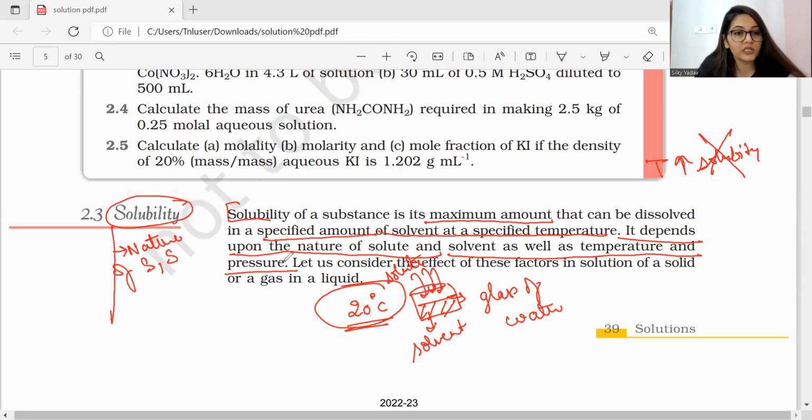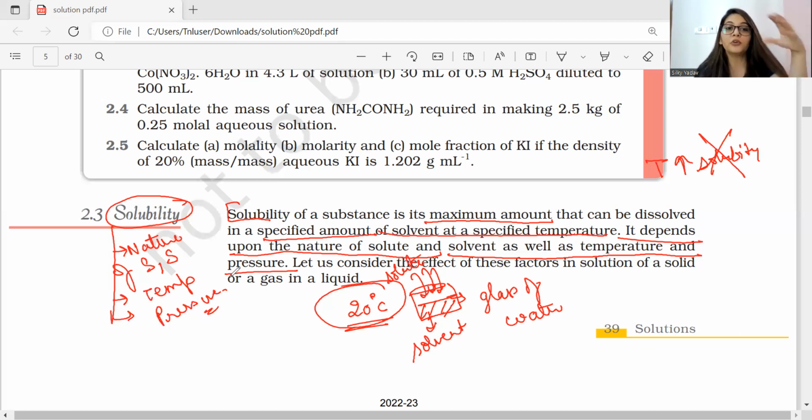So that's why we always say it depends what the temperature is. Okay, so it is dependent on the nature of solute that you're adding. It depends on the nature of the solvent in which you're dissolving the solute, and the temperature and also the pressure. Now see, if you're having a solid which you're dissolving in a liquid, and there if I talk about pressure, that will not be that correct because solid doesn't dissolve more on application of a lot of pressure.